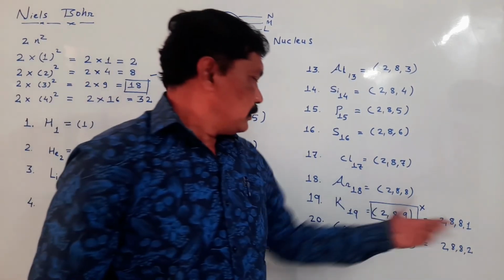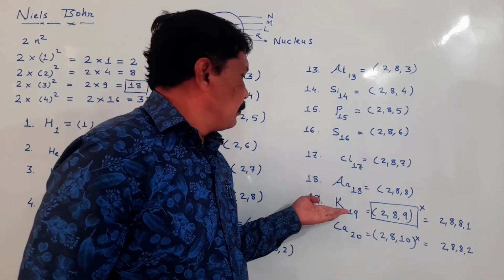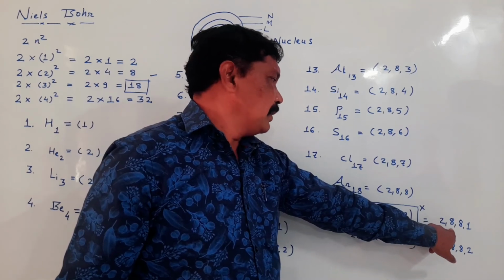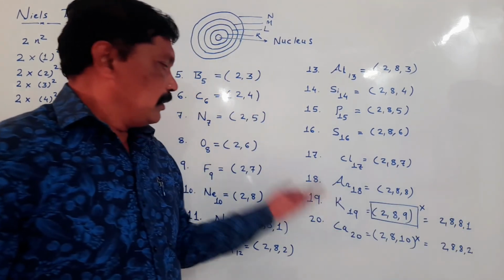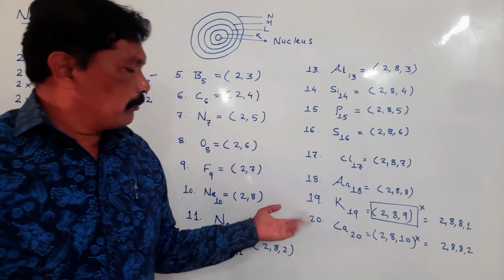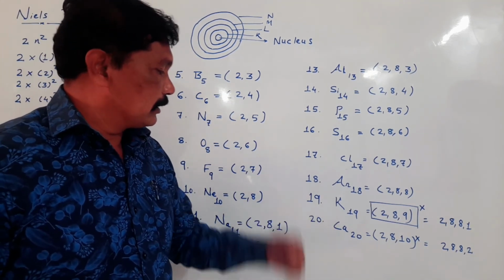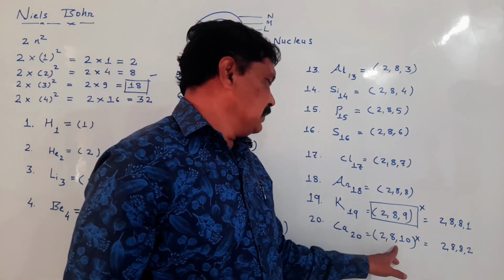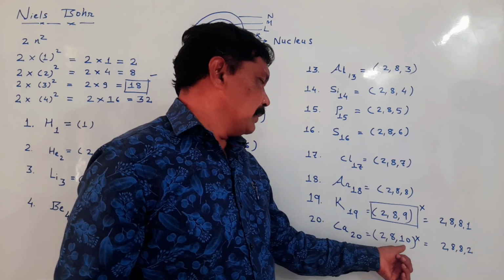Let's count the number of electrons in potassium first. 2 plus 8 is 10, 10 plus 8 is 18, 18 plus 1 is 19. Now we will count the number of electrons in calcium. 20. 2 plus 8 is 10, 10 plus 10 is 20.